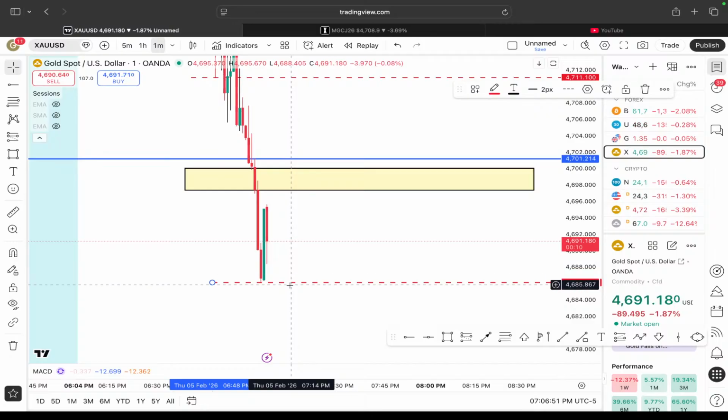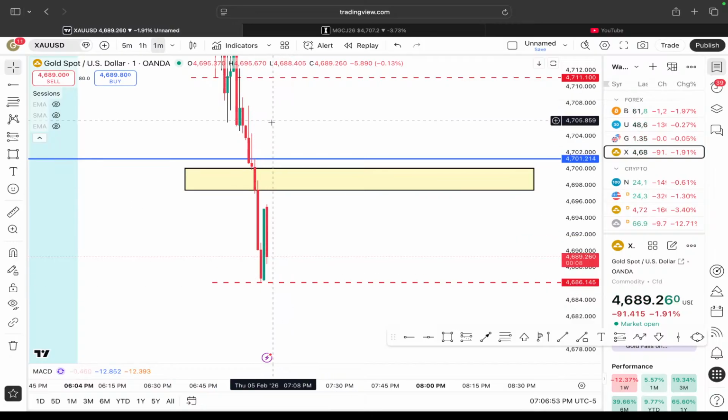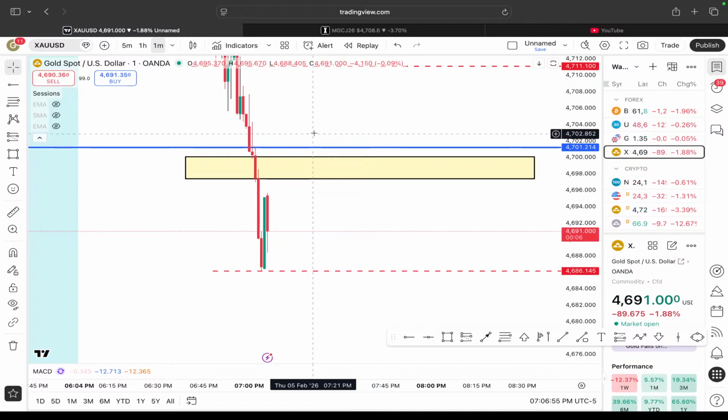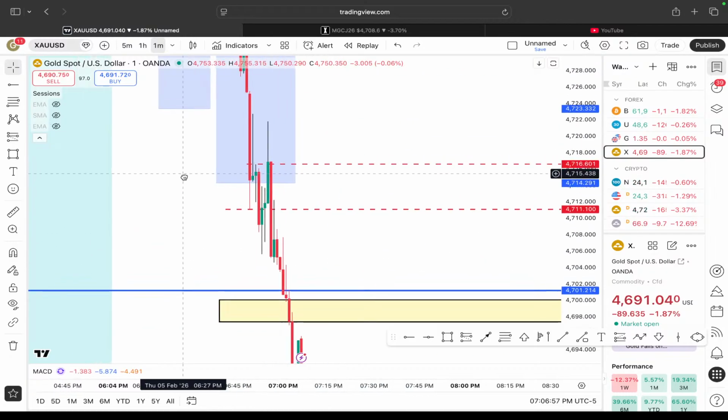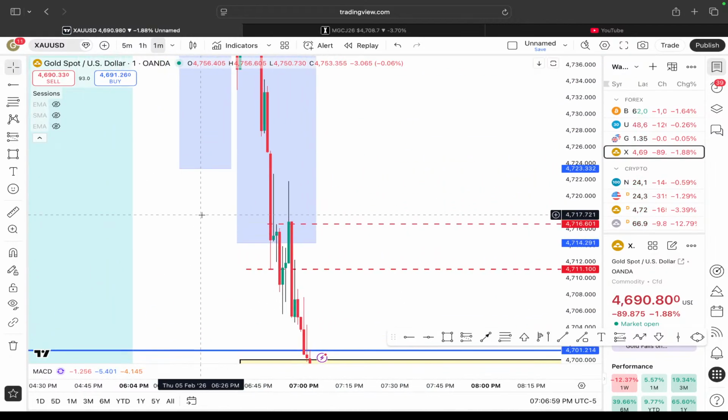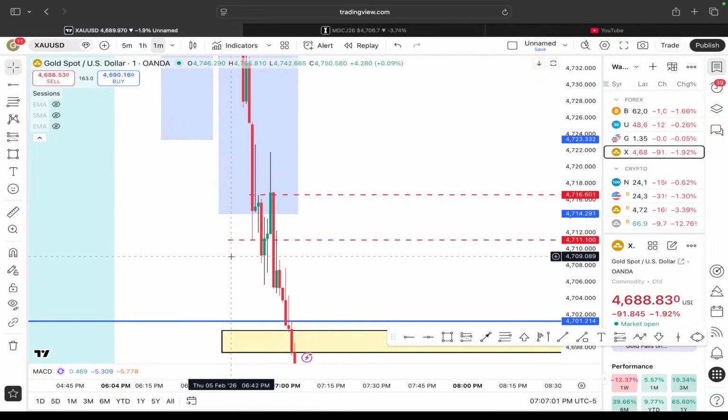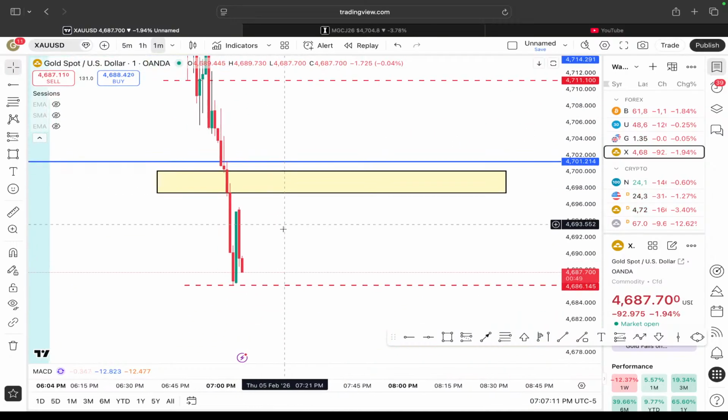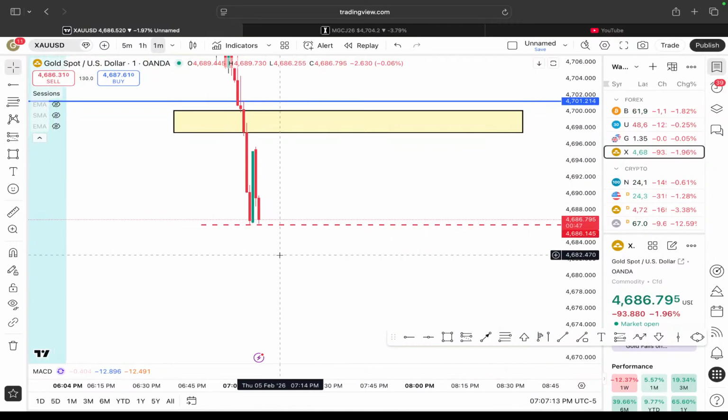Or I'll do something like this. I'll show you. Yeah, so if I get an invalidation, 9 times out of 10, I'll just cut my loss right here and wait for a stronger breakthrough. So boom, like this.